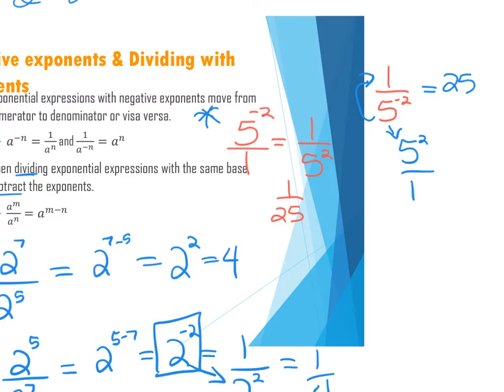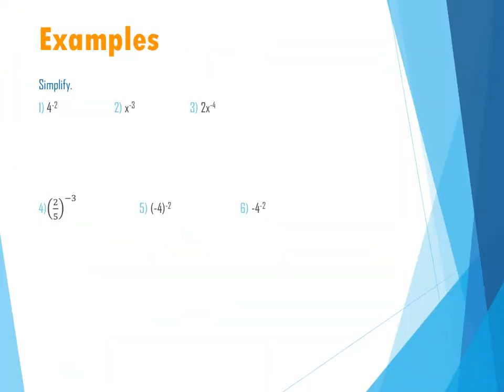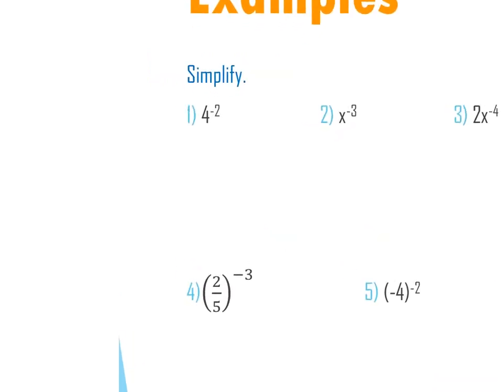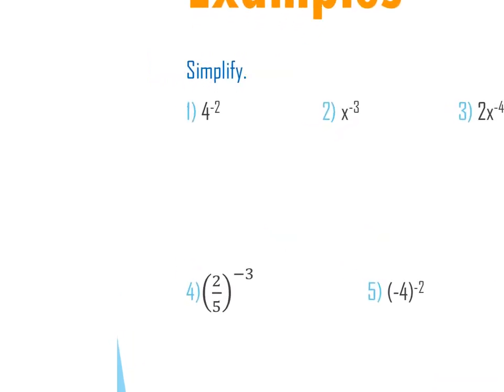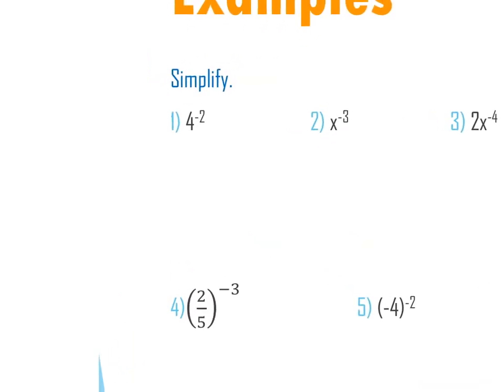Let's try some examples. So now, as soon as you see a negative exponent, remember it doesn't make it negative, it makes it a fraction. So I would take the 4 to the negative 2 power, put it underneath a 1, make the exponent positive.